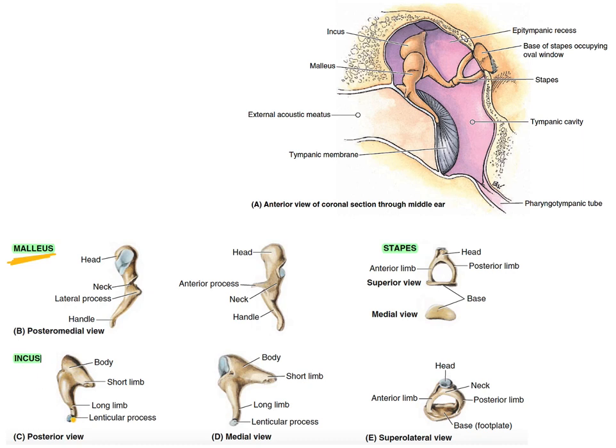Then the incus, at the end, with the lenticular process articulates with the head of the stapes. The stapes is like the footplate of a horse's saddle, where you put your foot to jump up over the back of the horse. So it has a head, neck, anterior limb and posterior limb, and most importantly, it has a base footplate that fits and encloses the oval window as you see here in this figure.